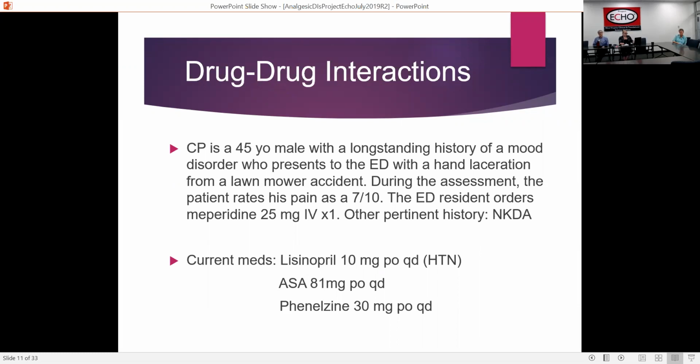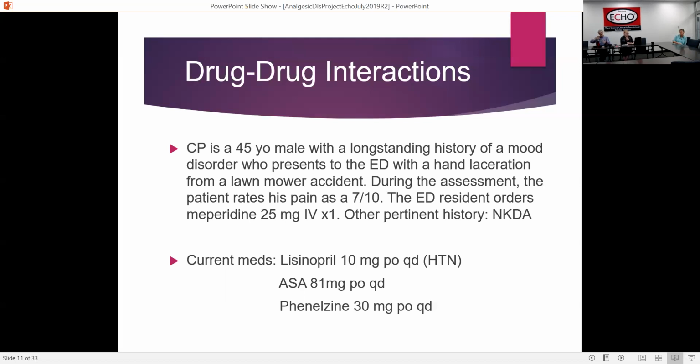During the assessment, the patient has about a 7 out of 10 pain on a visual analog type scale. The emergency room resident orders, and realize that everybody's going to jump on the fact that this resident gave the person Meperidine, which the American Pain Society does not consider an appropriate analgesic. I know that. Let's substitute even morphine for Meperidine.